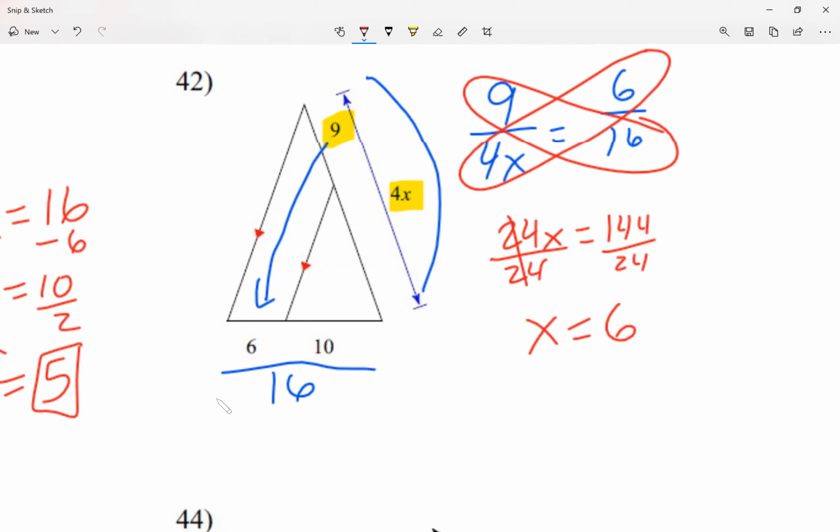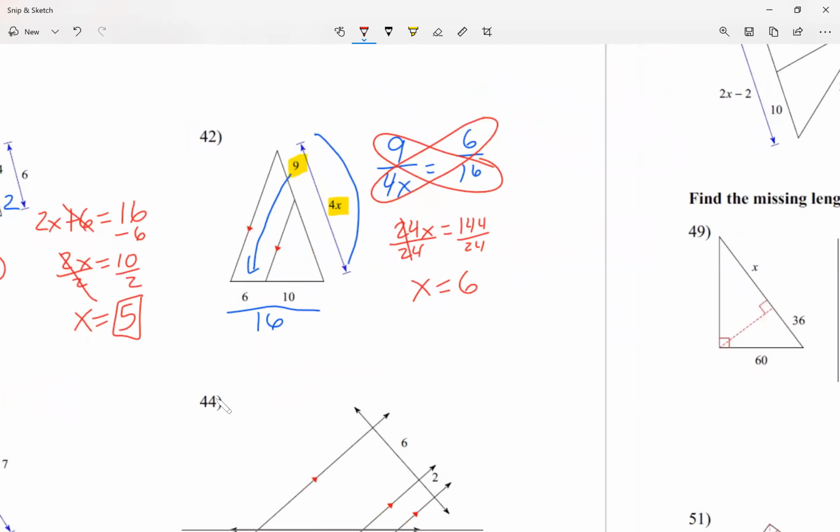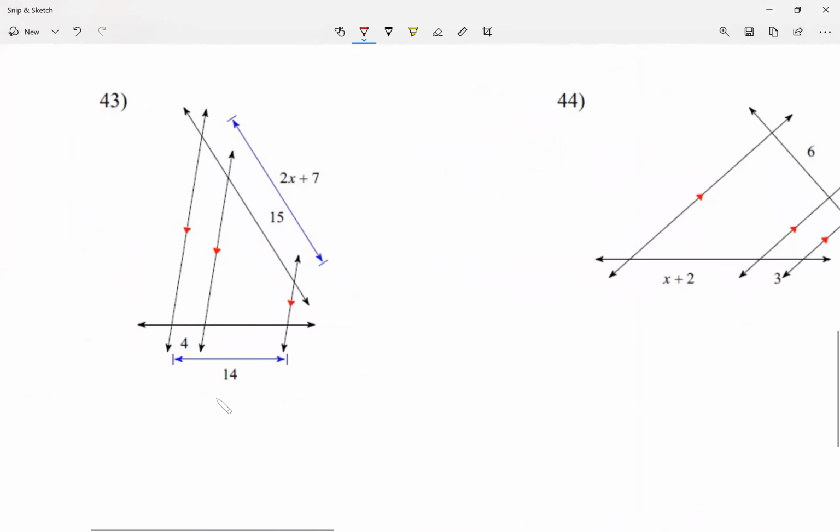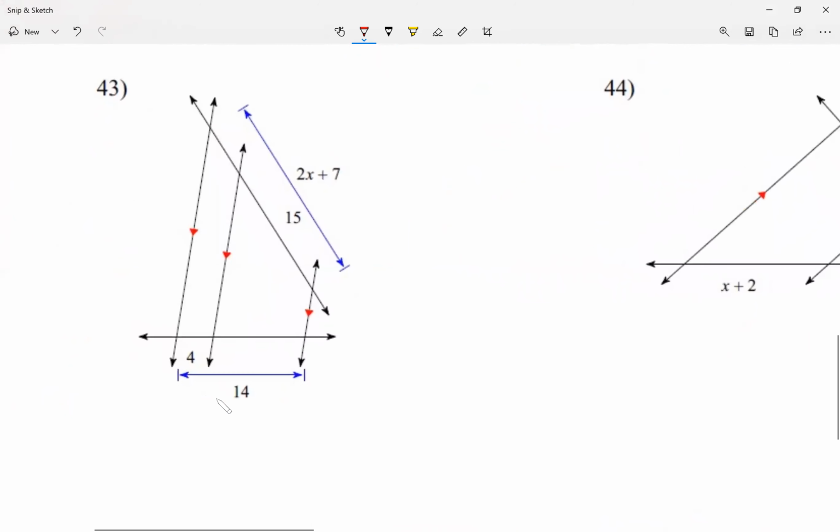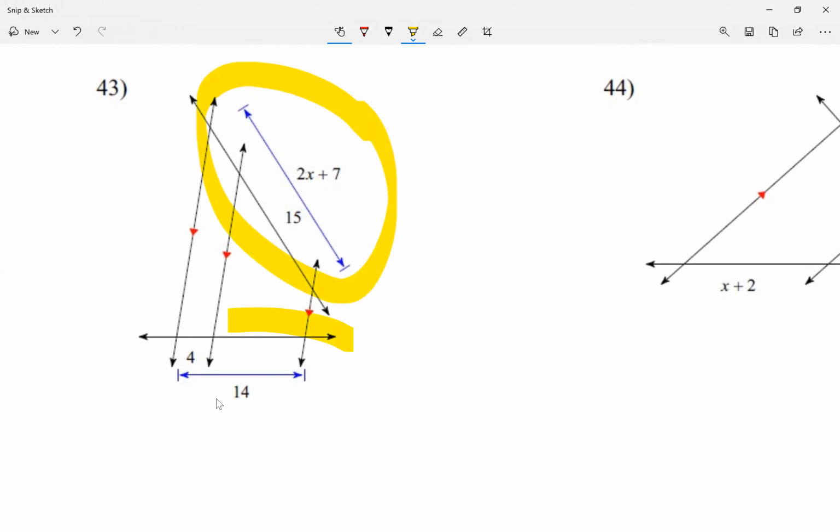Good. Now let's take a look at number 43. Notice I still have parallel lines. I don't quite have triangles, but I still see it like I saw it earlier: one side that has x and the other side is all numerical.